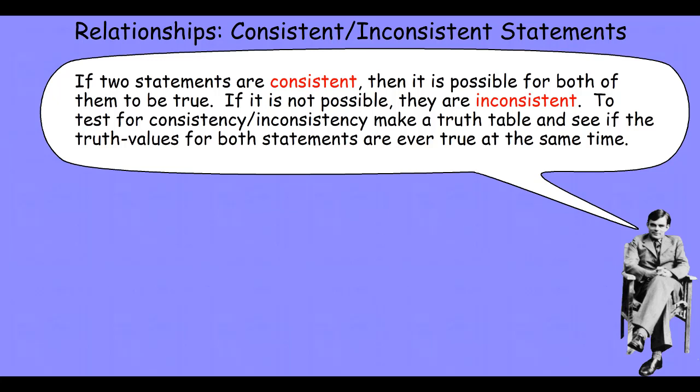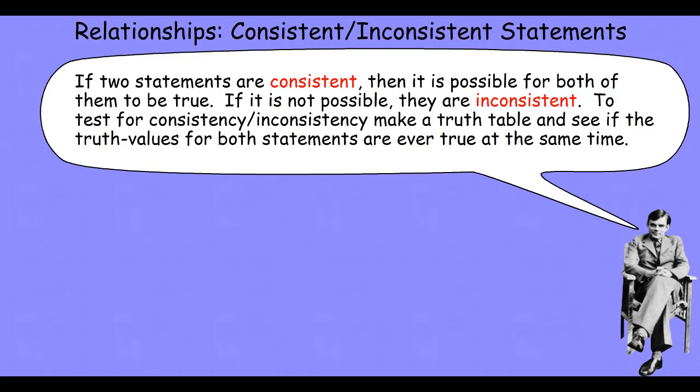To test for inconsistency and consistency, we fill out our truth table for those two statements. We look under those main connectives and we see if there's a row. Just a single row is all you need. You can have more, but you need one where they are both true at the same time. If they're both true at the same time on a row, they're consistent. If there is no row where they're both true at the same time, they are inconsistent.